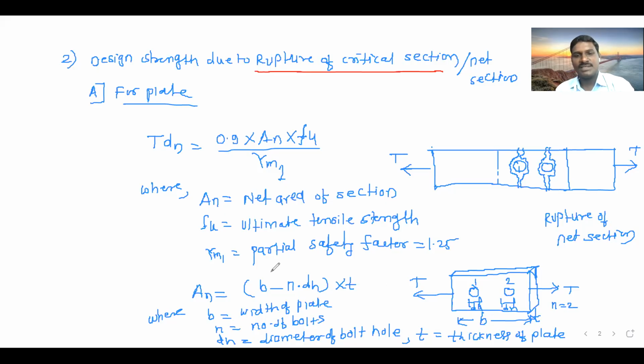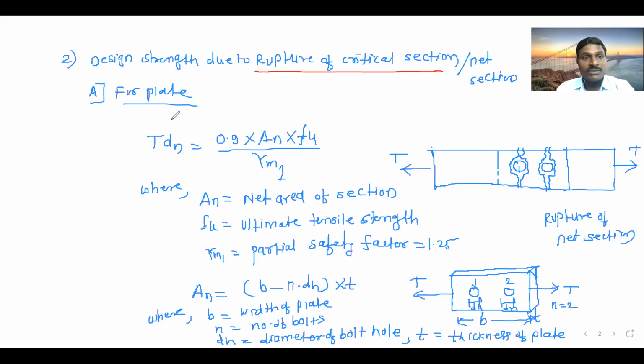So draw this, then you will get it faster. Please write down carefully all the notations and their meanings, because this chapter has many formulas. That's why your confusion will be more in this particular chapter.